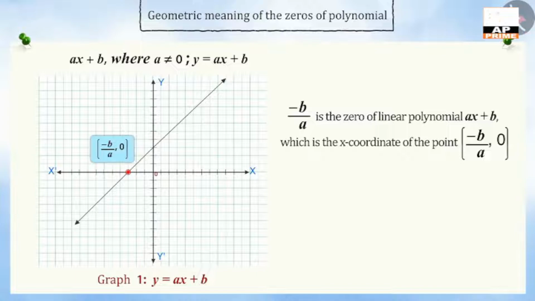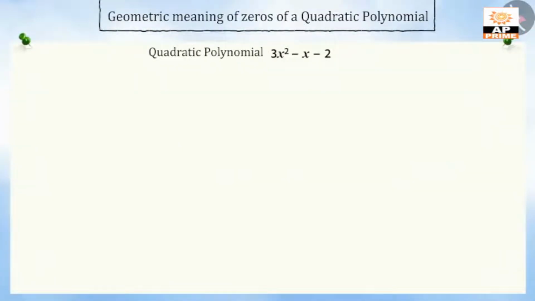Using this conclusion, we will try to understand the geometrical meaning of a quadratic polynomial. Let's take a quadratic polynomial 3x square minus x minus 2.